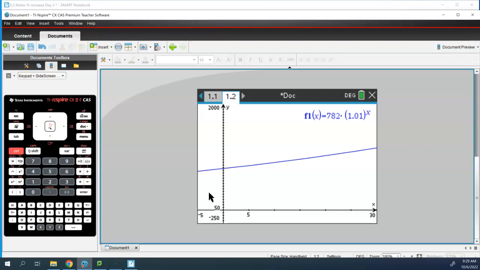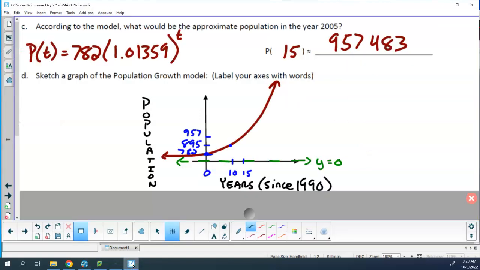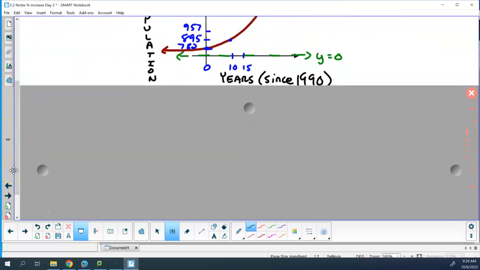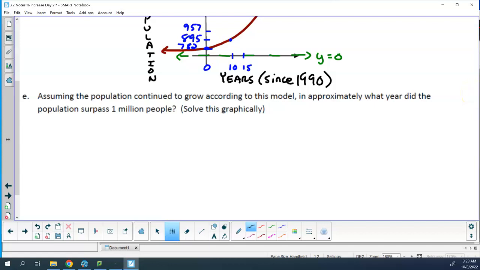Okay. So now let's go back here, and let's answer this next question. Assuming that the population growth continued to grow according to this model, in approximately what year did the population surpass 1 million people? Okay. Now, 1 million people on our graph is how much?